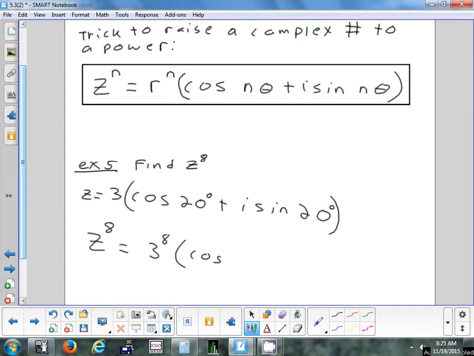I use the power, use the angle, and what do I do with the two of them? Multiply them. What's 8 times 20? 160. And that's it. Let's just leave it like that.